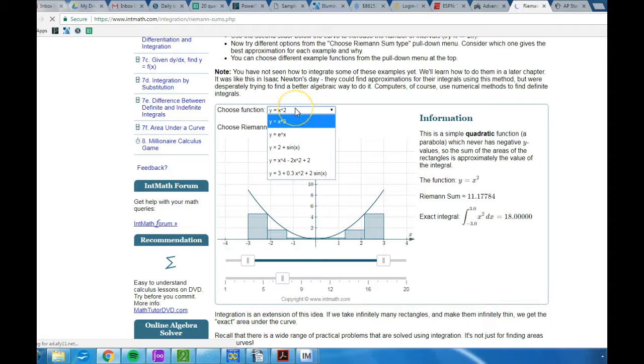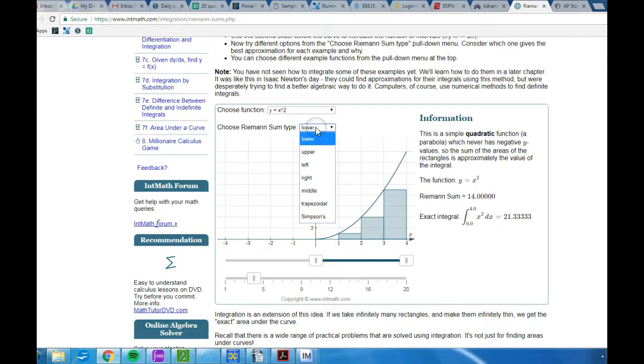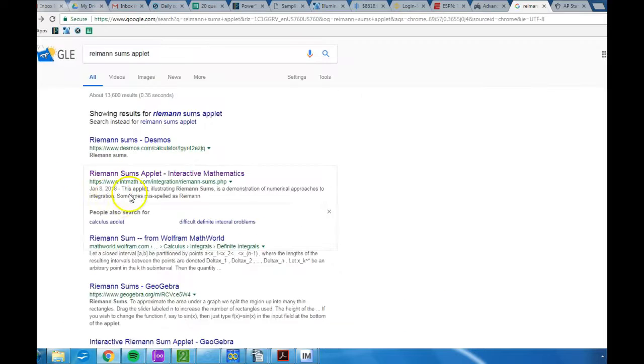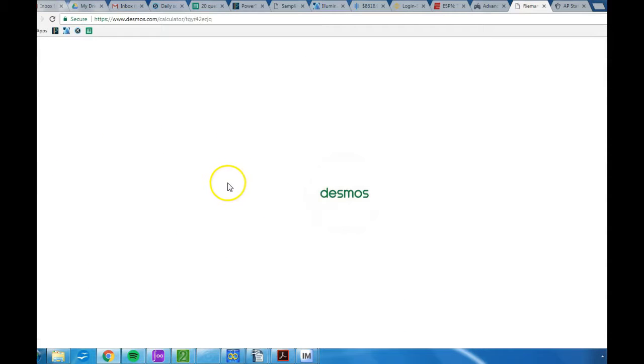I can't pick my own function. Is that big enough for you guys to see? The last problem we did was from 1 to 5, right? Try trusty Desmos.